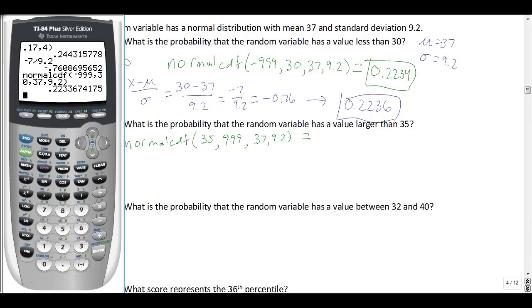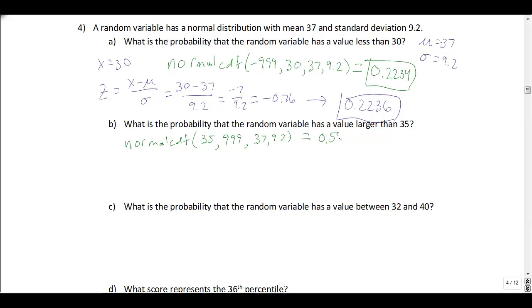I like to hit second enter here. Oops. Yep, there we go. And I can just type in what I have, 35, comma, 999. I could do 9990, that would have been fine. And I get something like 0.5860.